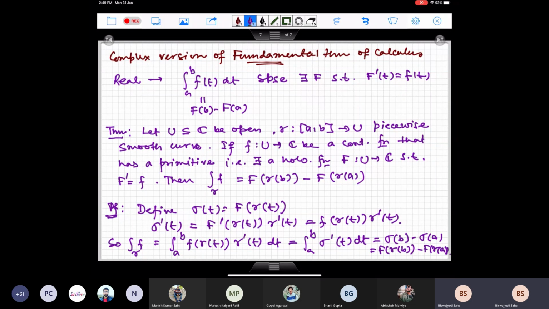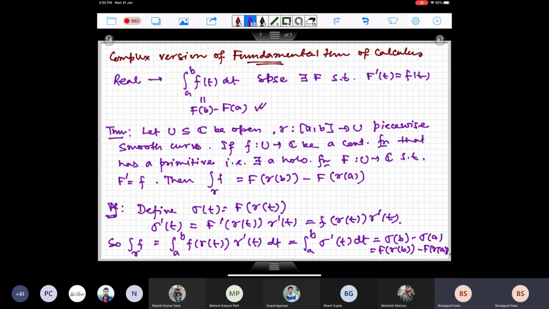In the real version my function little f was defined on the closed interval [a, b] and took real values. But even if I have a function, let's say g, defined on the closed interval [a, b] and taking complex values, then you will be able to write down an analog of the fundamental theorem of calculus, which I have used over here.